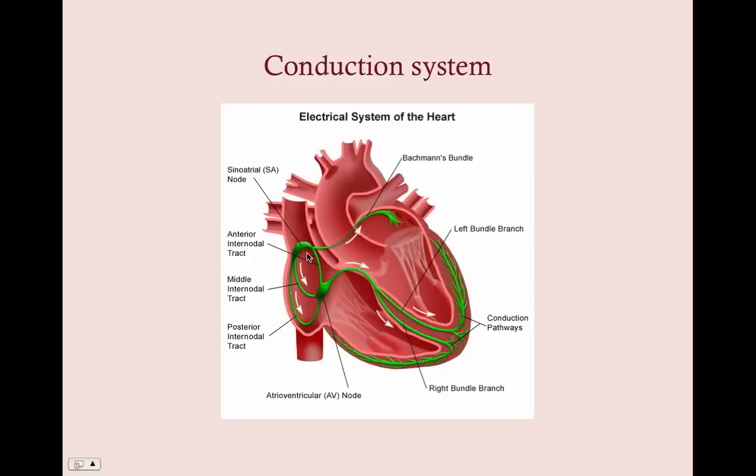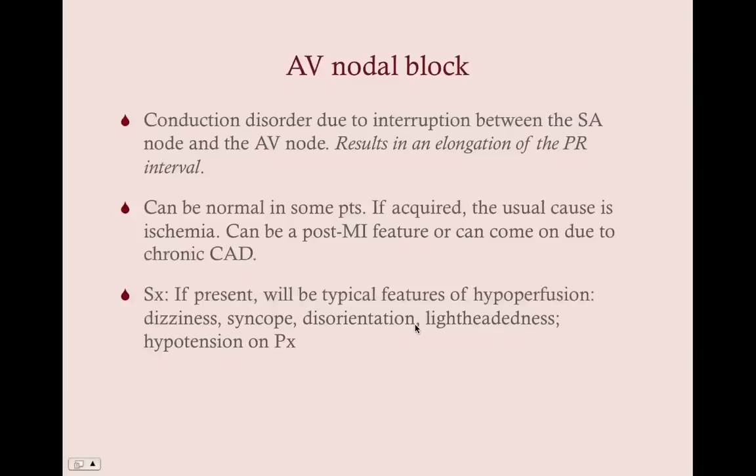So the time between when the atria depolarize and when the ventricles depolarize is elongated, otherwise known as elongation of the PR interval. Again, in any bradyarrhythmia, if there are symptoms, just like in sinus bradycardia, they're going to be your typical symptoms of hypoperfusion: dizziness, syncope, disorientation, lightheadedness, hypotension.